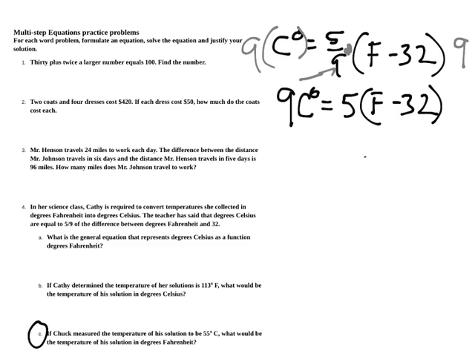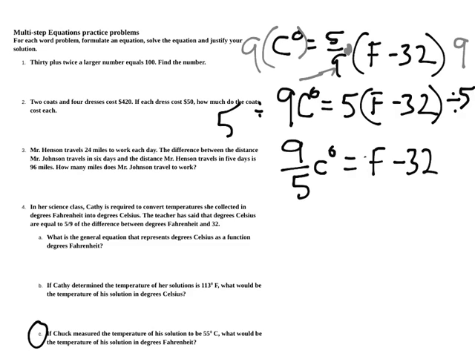So I'm going to do this. I want to divide by 5. I'm just doing this on the outside. Normally, whatever you're dividing by goes on the other side, but because of room, I'm going to put it here. So I'm going to have 9/5 of Celsius equals Fahrenheit minus 32.